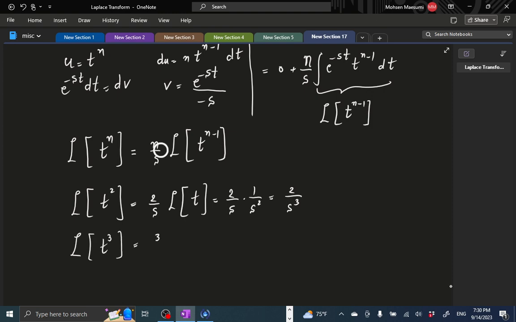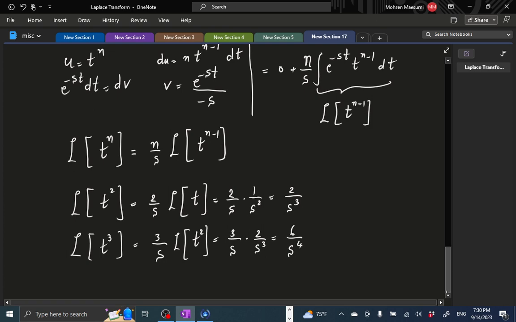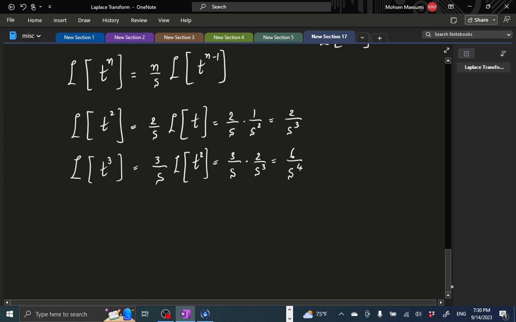By this formula, that's going to be 3 over s, where this 3 comes from n, times the Laplace transform of t squared, which we just found. So this is 3 over s times 2 over s cubed, and we get 6 over s to the power of 4. Can you guess what the next one would be if I had the Laplace transform of t to the power of 4?